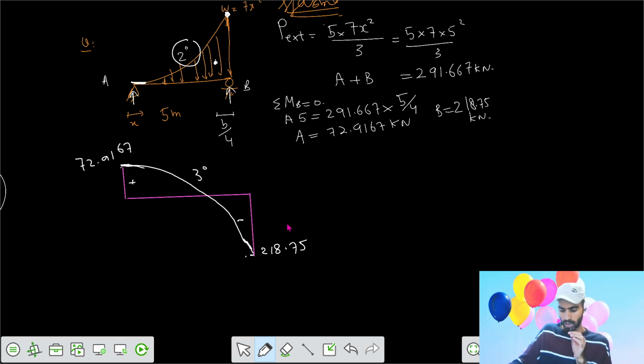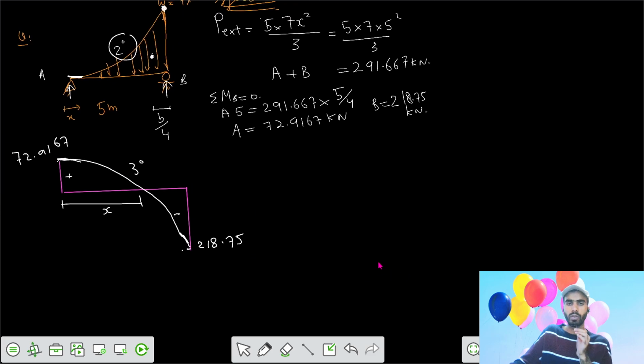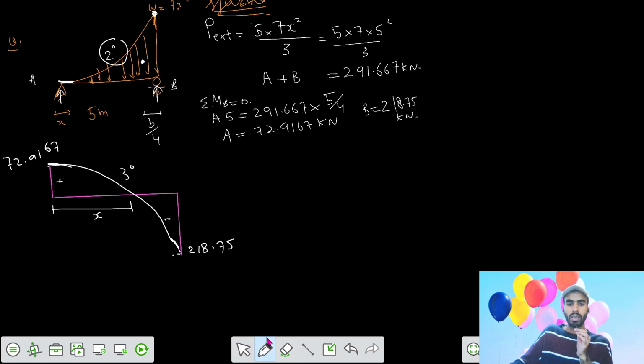Similarly, we know that the shear force is 0 at some point, say x. We want to get the value of x. For that, we need to cut the section and get the shear force equation. Say if you cut the section somewhere at x, there should be a shear force Vx, which later we would equate to 0.